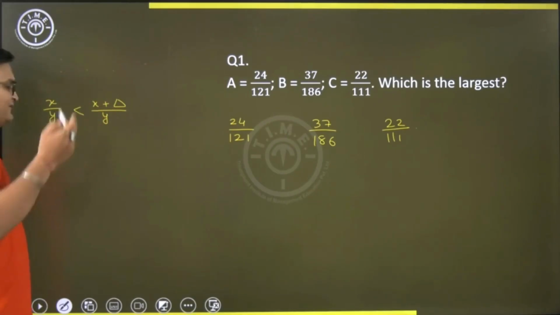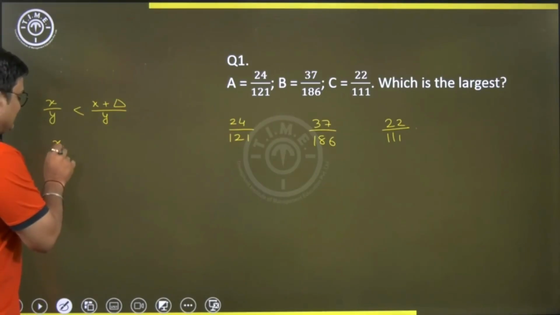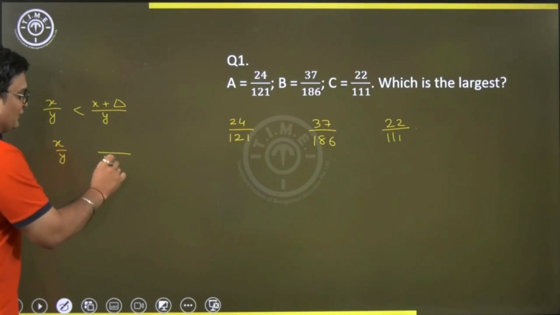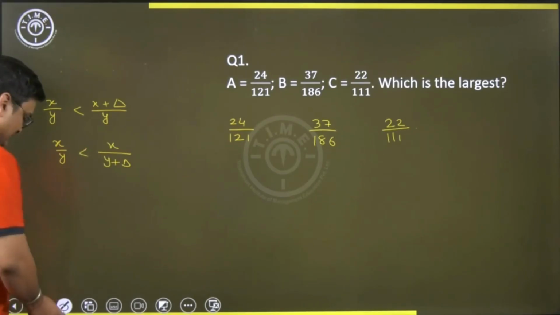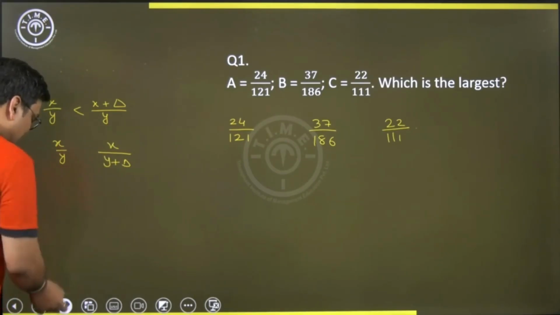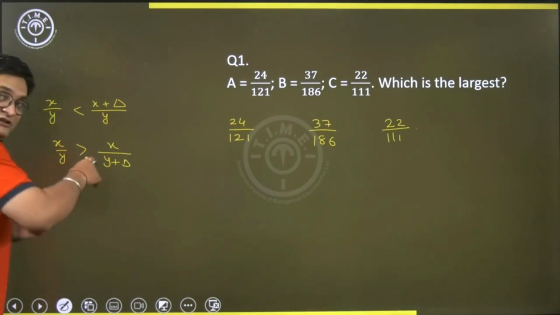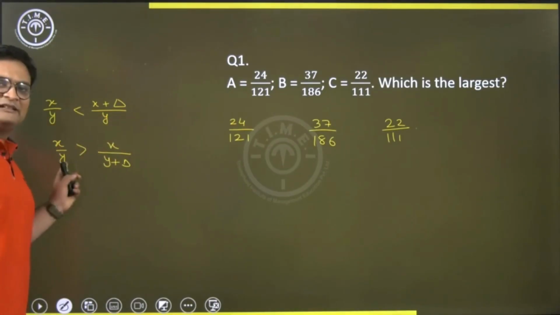It will increase in value. Whereas if you increase the denominator but keep the numerator constant, then the new fraction will be smaller than the original fraction, because the denominator grows.